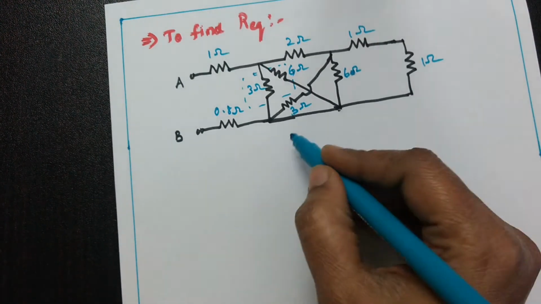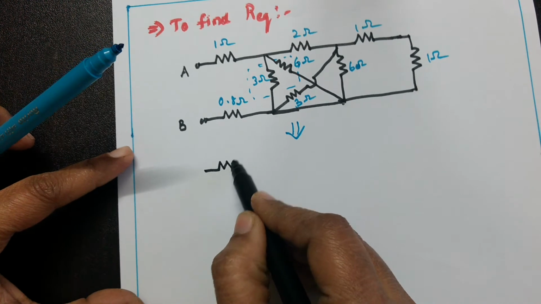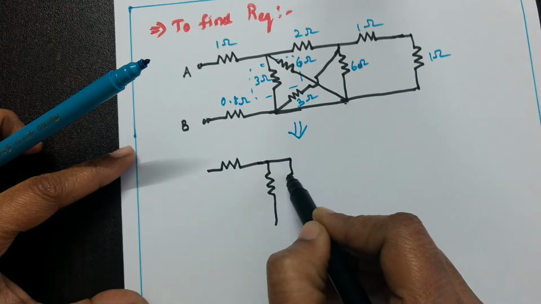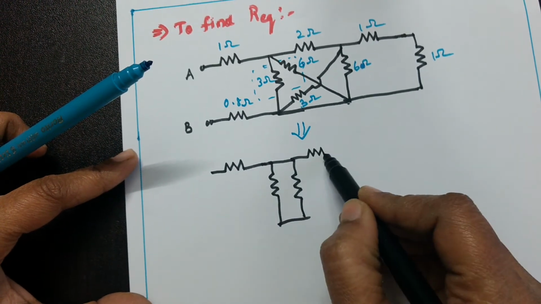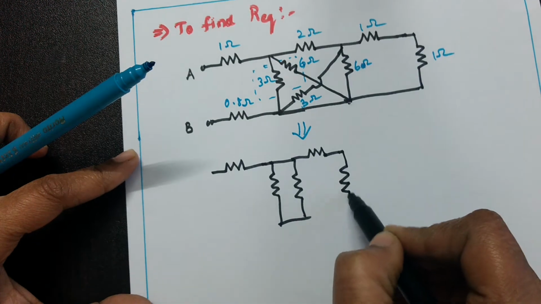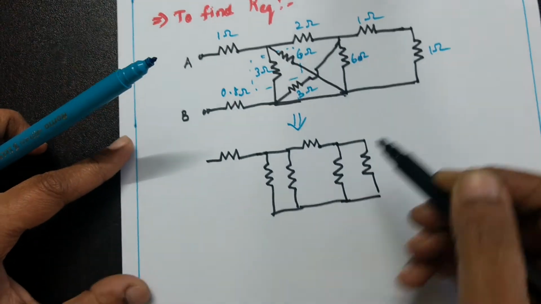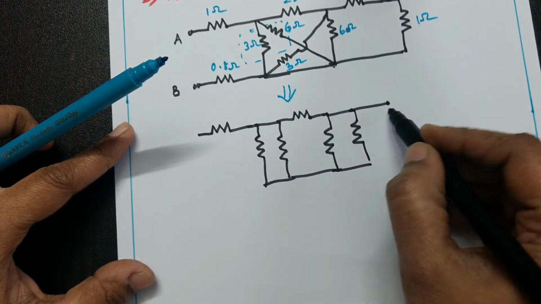So after rearrangement, the circuit becomes 1 ohms, and here again this one.